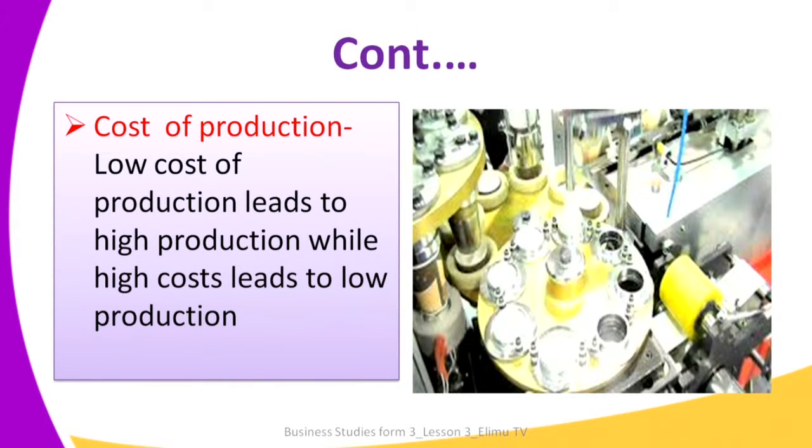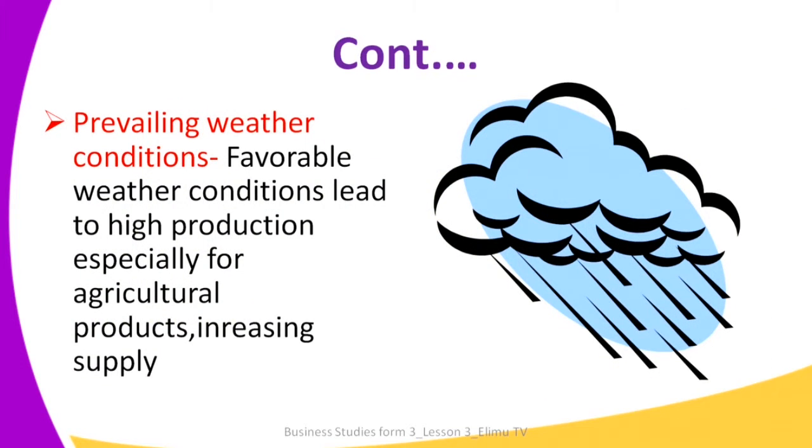And when there is high production, supply increases. While high cost leads to low production. If the cost of production is very high, not much goods is produced. Therefore, that lowers supply.